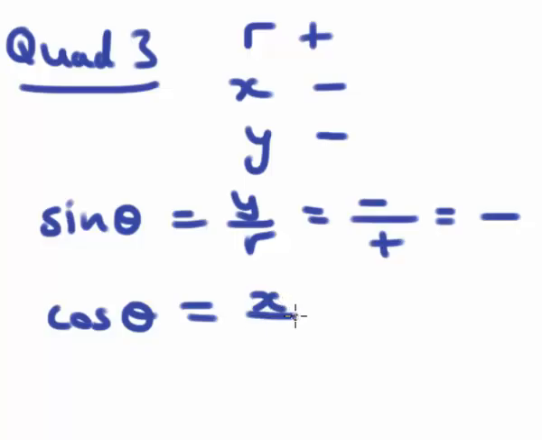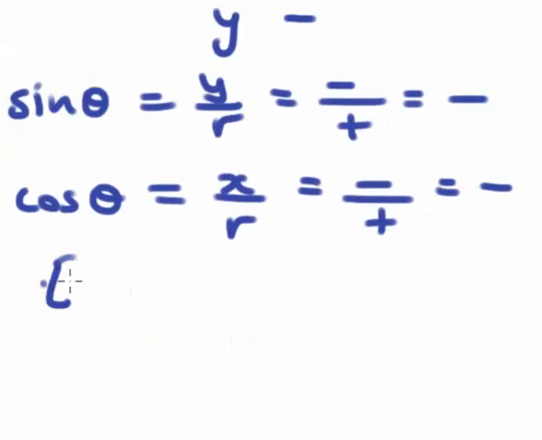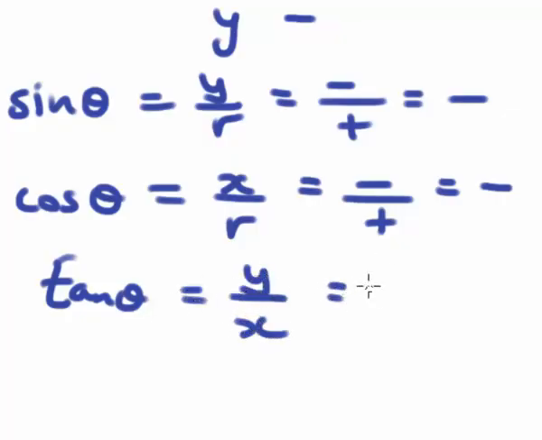The cos of theta is x over r, which is negative over positive, which is negative. And then we've got the tan of theta, which is y over x, which is negative over negative, and minus over minus is plus. And so you'll see tan is now positive there.